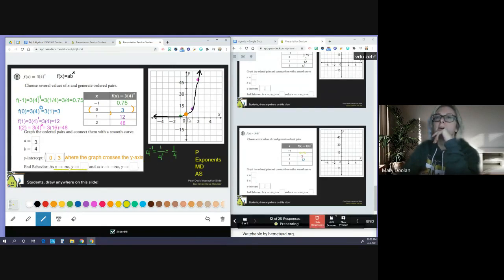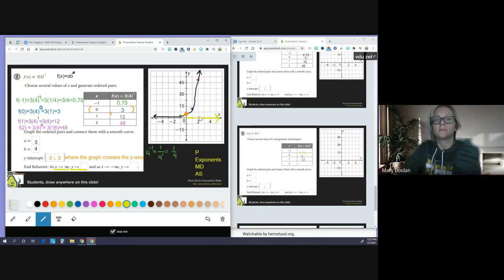So we're talking about as we move along the x-axis in this direction, what is happening to our y values? Further out x gets, the greater y gets, and this continues on forever. Y approaches infinity.